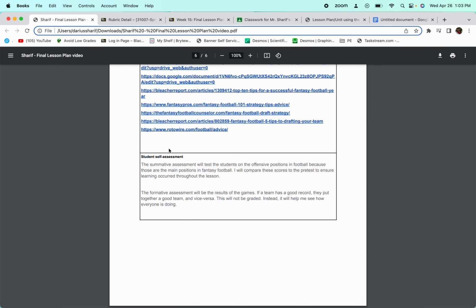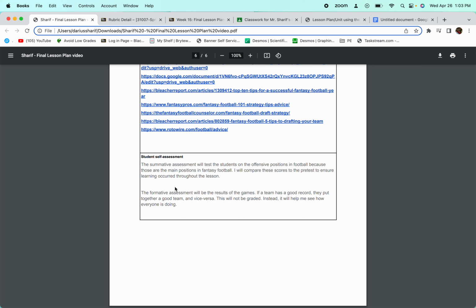Then I got the student self-assessment. So here, to talk again about the test about the offensive players. They already took the pre-test, and now they're going to take the post-test, and the formative assessment will be the results of the game. So if there are teams that are losing every week, I'll be able to keep note of that and help those students find better strategies to start winning games.